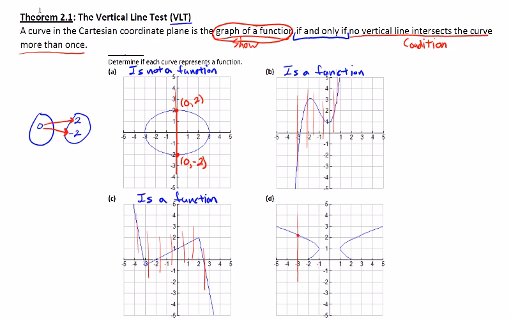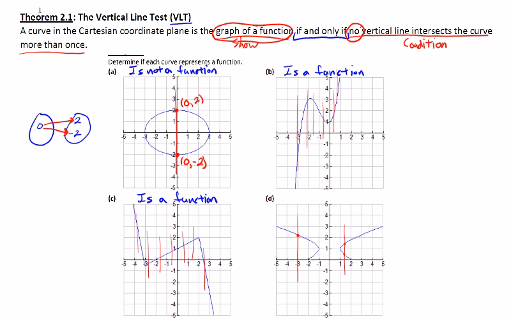So in the theorem it says no vertical line intersects the curve more than once. That means I have to really be considering every conceivable possible vertical line. So if I can find a vertical line like the one that's here in between 1 and 2, that one does end up crossing my graph more than once.